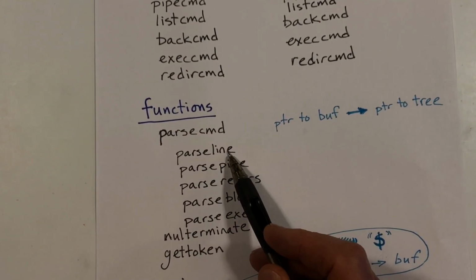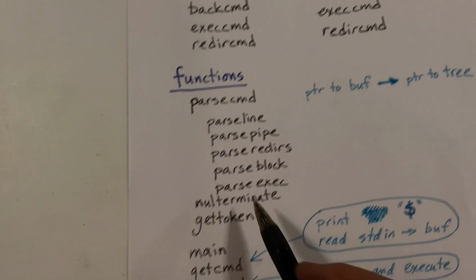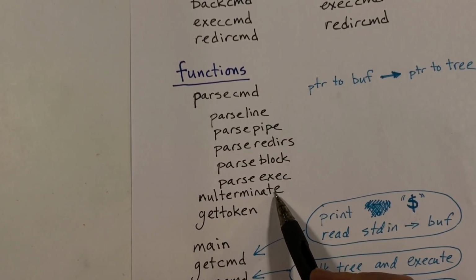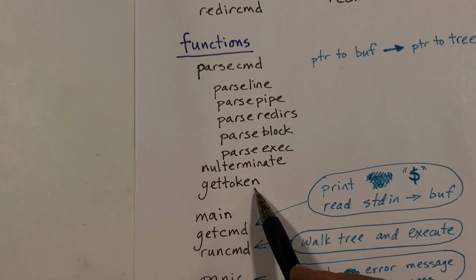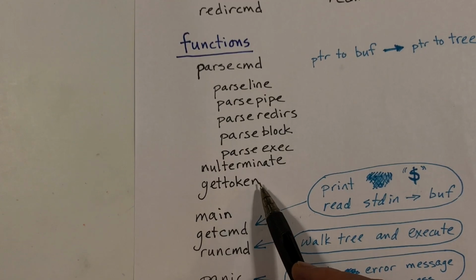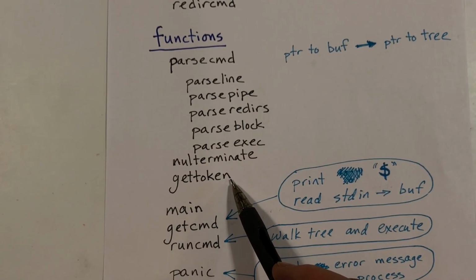There are some additional functions that are related to the recursive descent parsing. Null terminate is the function that recursively walks the tree and replaces those characters by null so that all the strings become null terminated strings. There's a function called getToken, which will read a token from the input buffer, or more precisely will identify where the next token occurs.